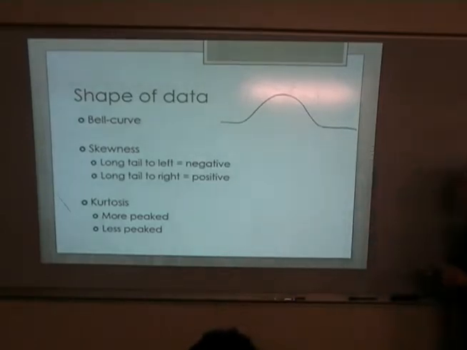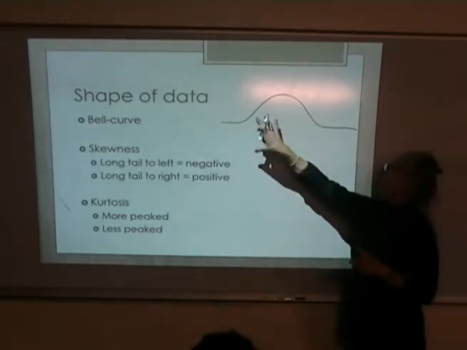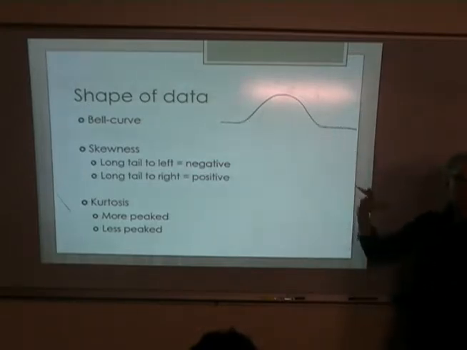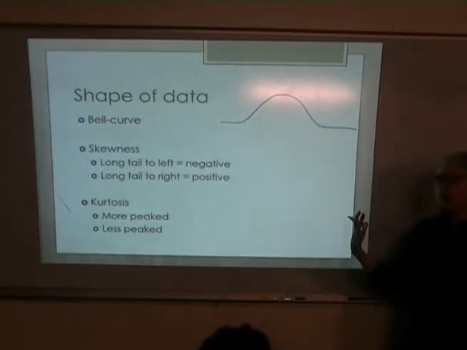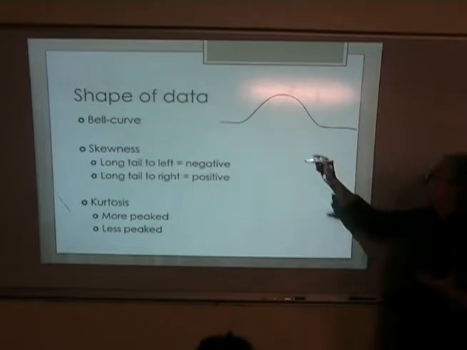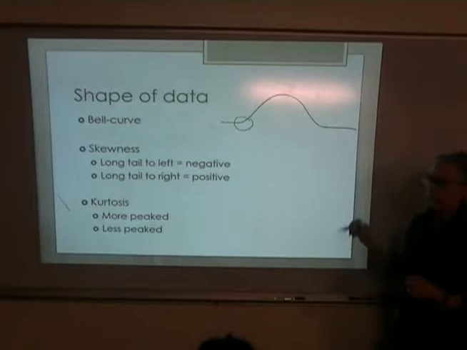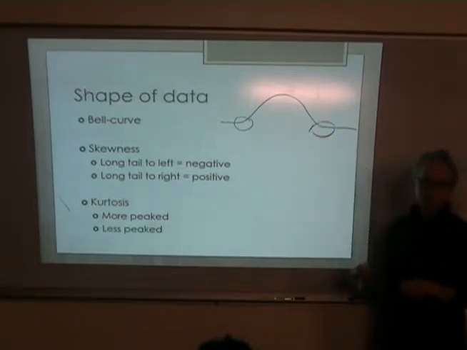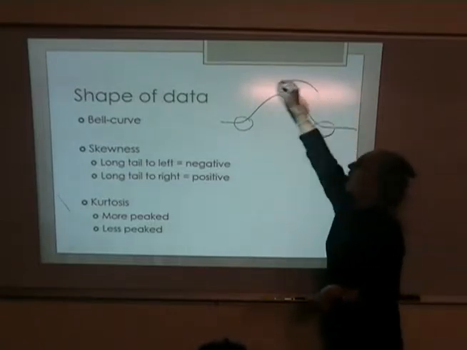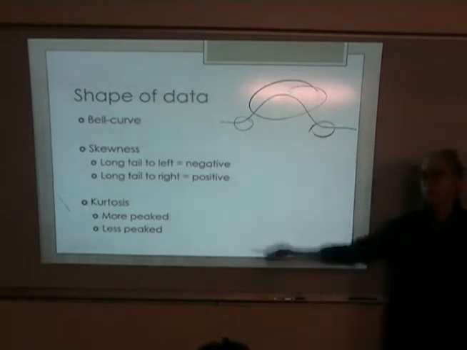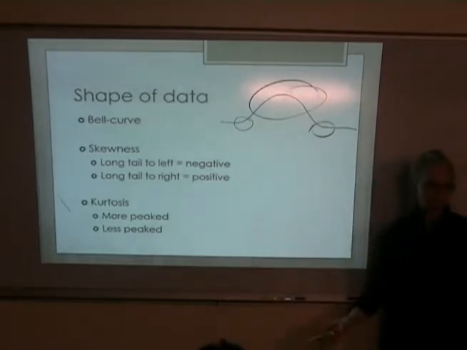So this would be normative, because if we have a large enough population, we expect there to be very few brilliant people, very few really thick people, and a ton of people who are in between, right?